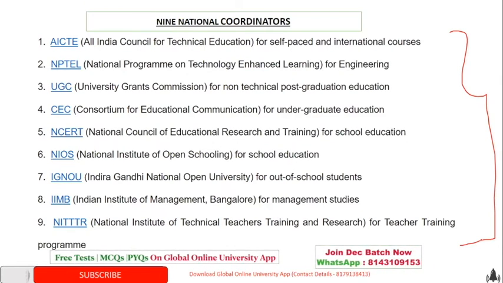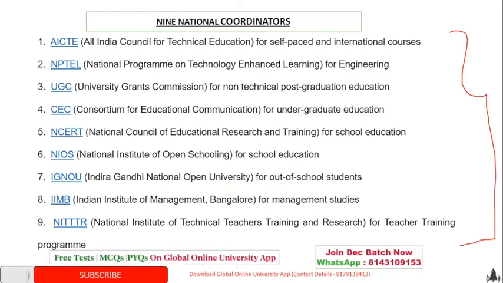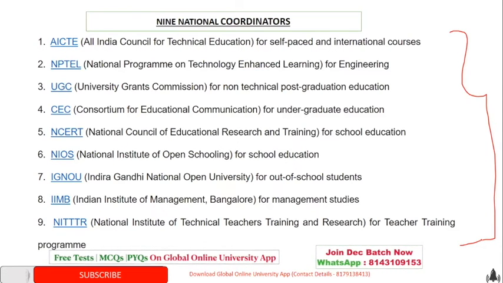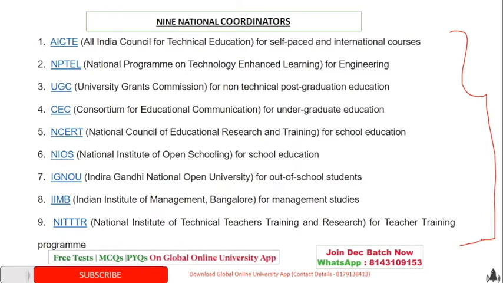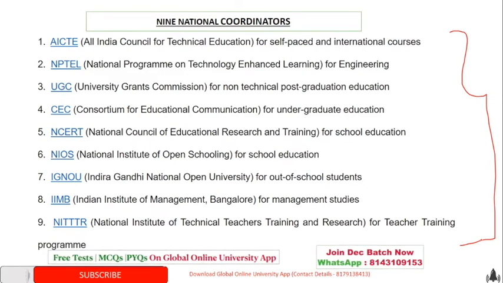NCERT, that is National Council for Educational Research and Training for school education. NIOS, that is National Institute of Open Schooling, specifically for school education. IGNOU, that is Indira Gandhi National Open University, which is for distance mode of education. IIMB, that is IIM Bangalore, which is for management studies, and NITTTR, that is National Institute of Technical Teachers Training and Research, basically for teacher training.